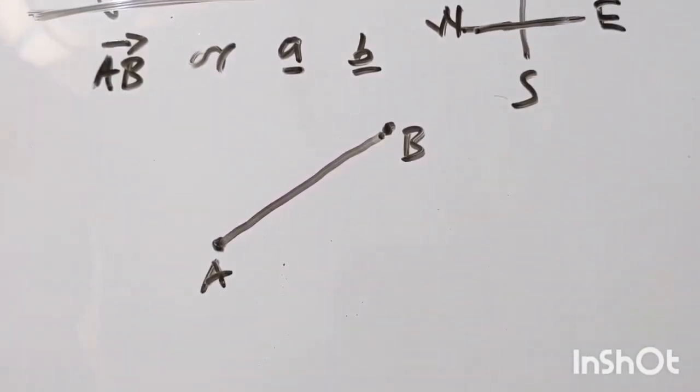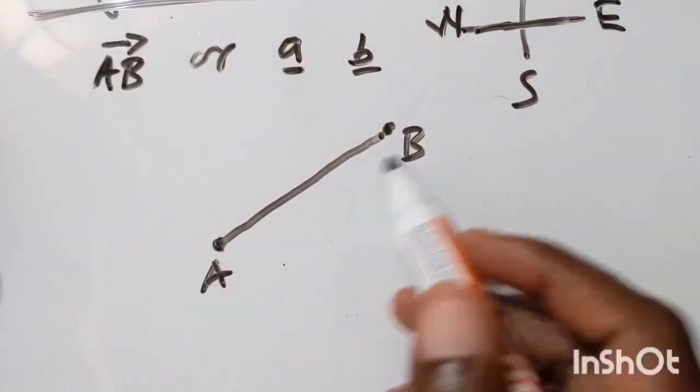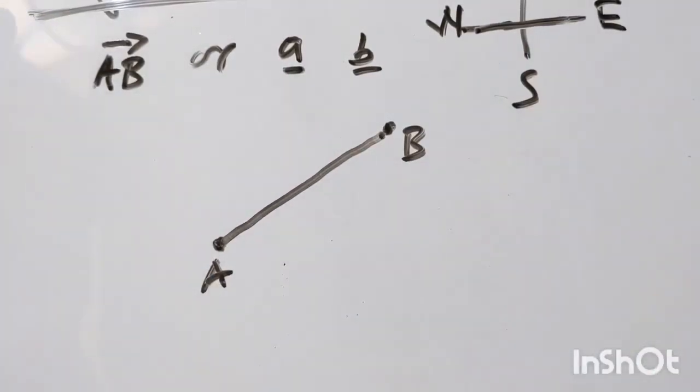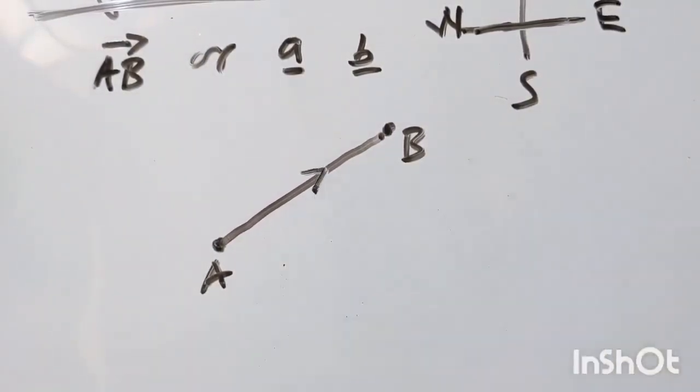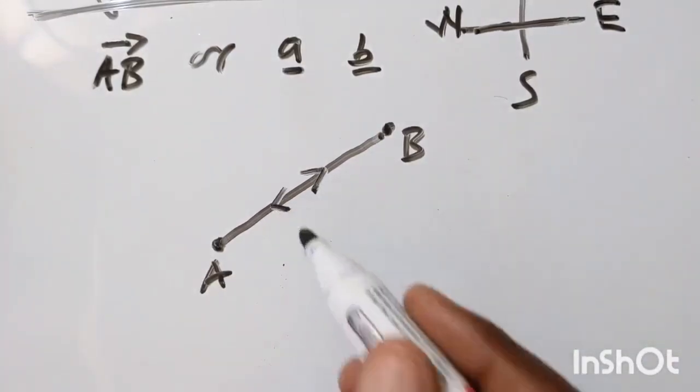Why is it not a vector? Because it has length, but it doesn't have a direction. We need a direction for it to be a vector, a direction that goes either this way or that way.